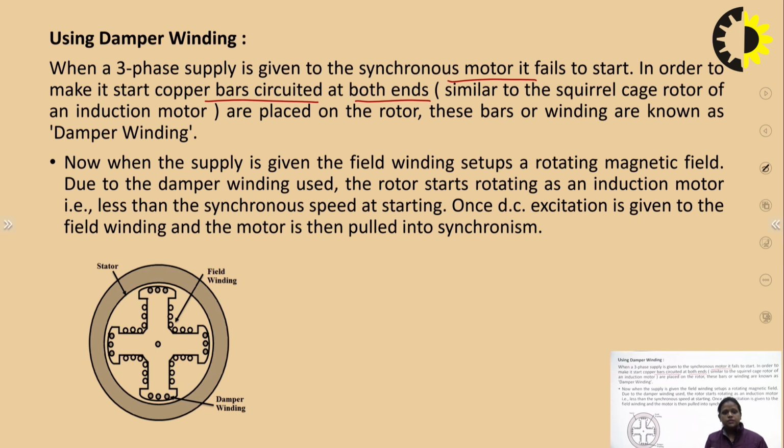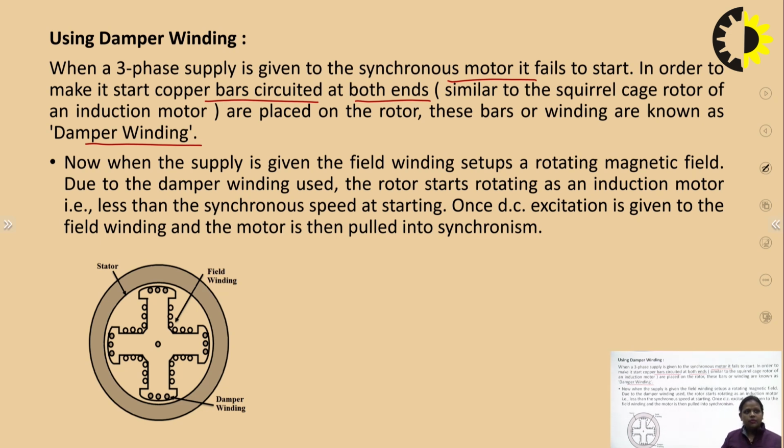All these copper bars are placed on the rotor and they are short circuited by using the end rings, right? A similar structure is created here also, and it is placed on the rotor. These bars or winding are known as the damper winding.